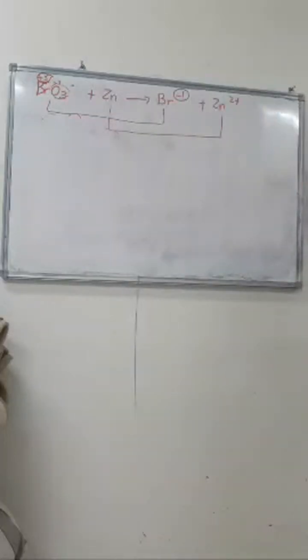So this is reduction. When we say gain or loss of electrons, look at the oxidation number and oxidation state in the reactant, whether it is bigger or smaller compared to the product, so that you can say which of them loses electrons and which gains electrons.